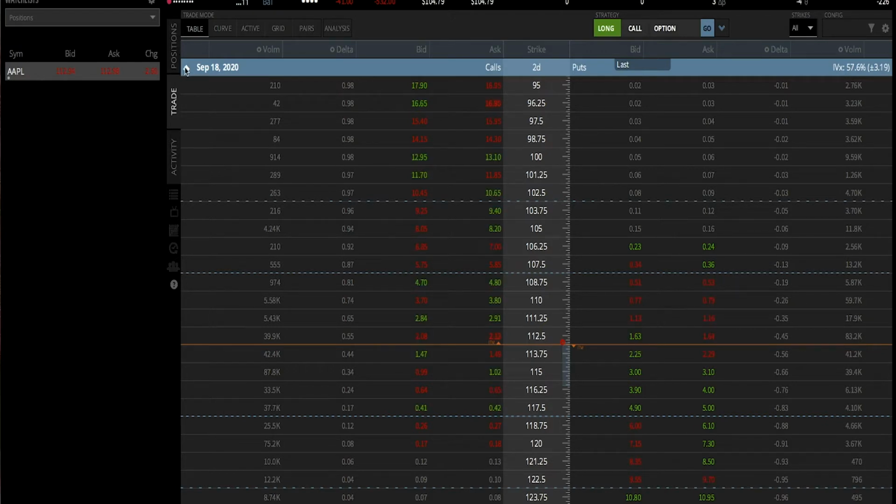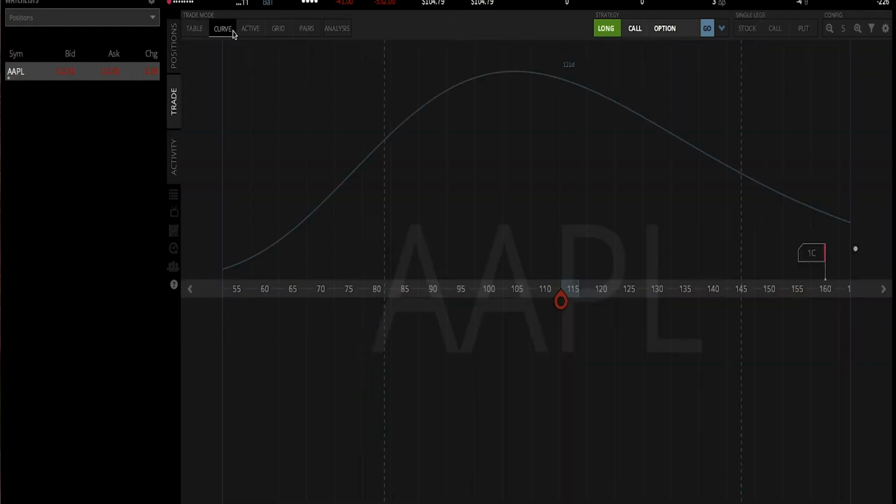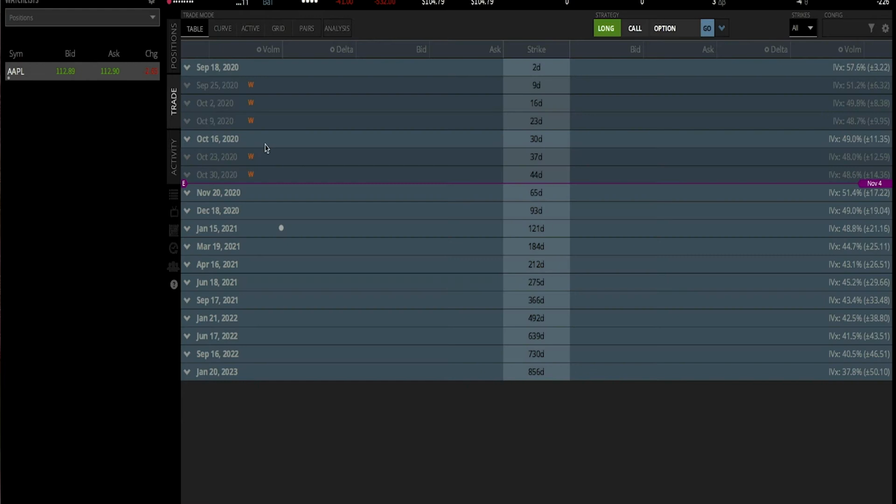Now depending on what platform you're using, you may see it as a curve, such as Tastyworks gives you a different option to see exactly how you want to be presented with the different types of contracts. You can see it as a curve, or you could see it as a table. I myself prefer to see it as a table, and it's better for me to visualize exactly what I am trading and what contracts I am purchasing.